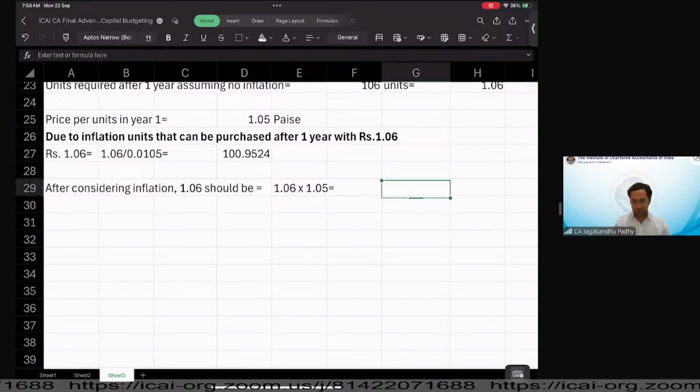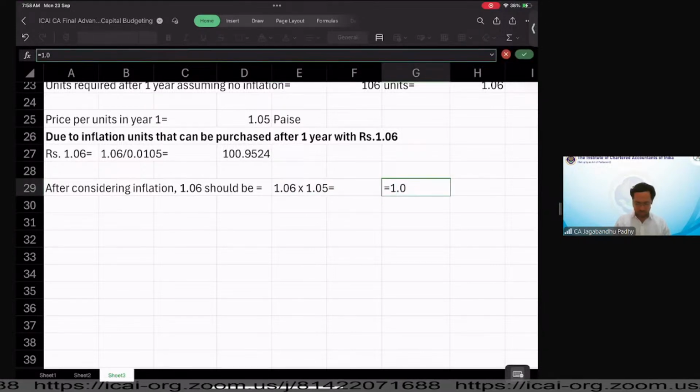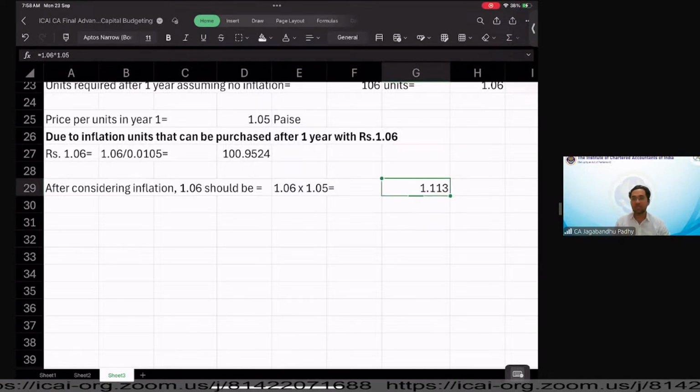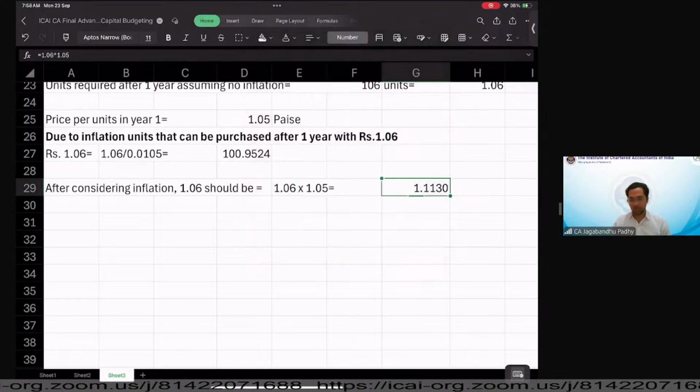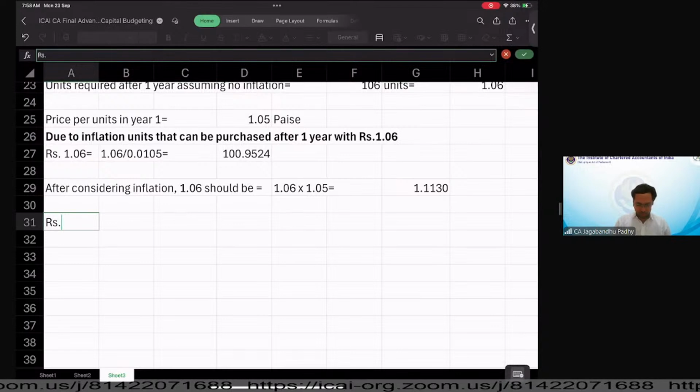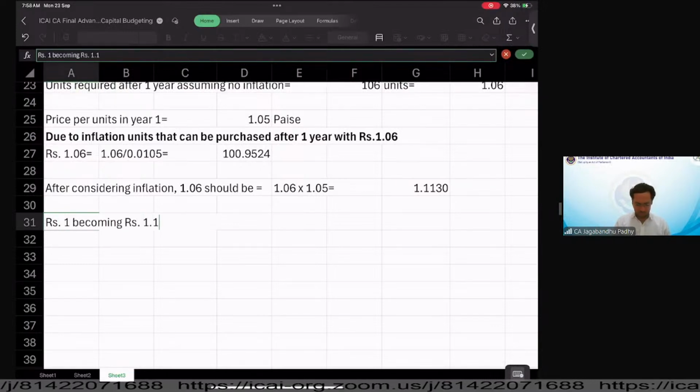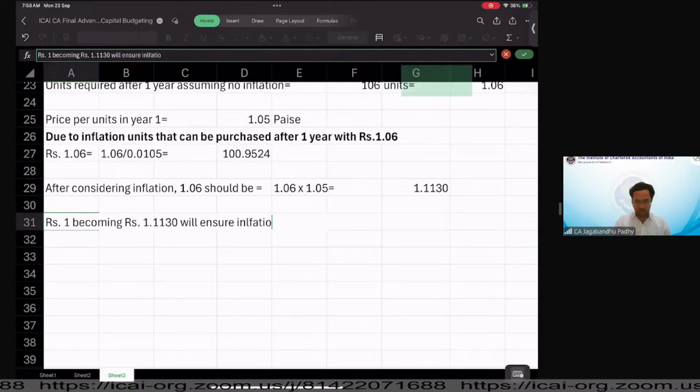So can we say this is 1.06 multiplied by 1.05? That gives us 1.113. So if your rupees 1 becoming rupees 1.1130, will ensure inflation is accounted.